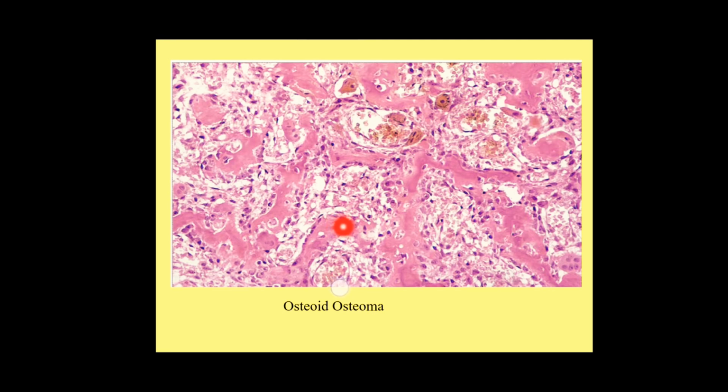These will be rimmed by osteoblasts. Can you see this thin trabeculae lined by some cuboidal to flattened cells? Those are nothing but osteoblasts. A single layer of osteoblasts will be there, and you can easily identify the prominent rimming. The intervening stroma will be highly vascularized.